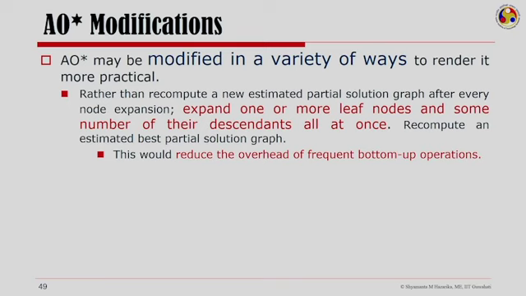That is, rather than recompute a new estimated partial solution after every node expansion, we can expand one or more leaf nodes and some number of their descendants all at once, and then recompute an estimated best partial solution graph. Now, what would this lead to? It would lead to some reduction in the overhead of frequent bottom up operations.